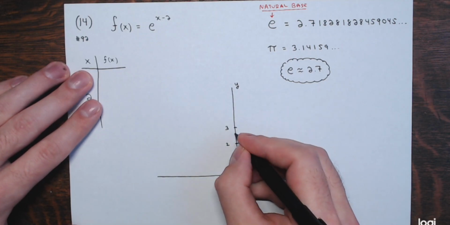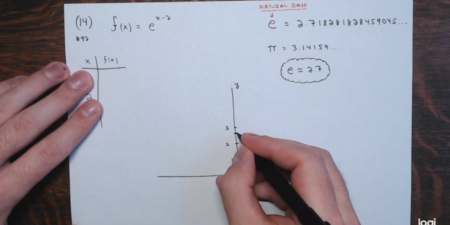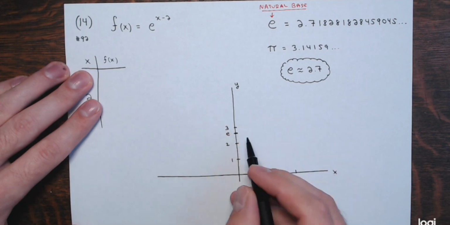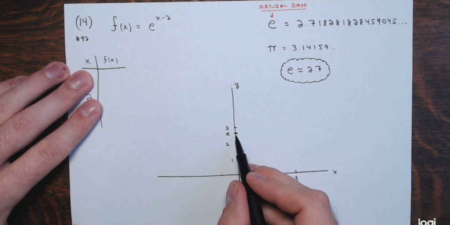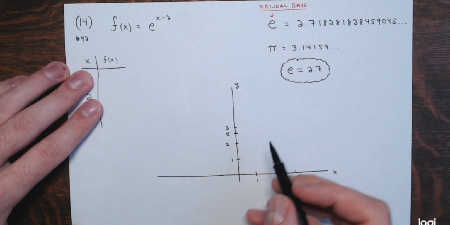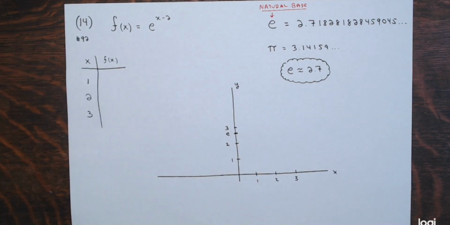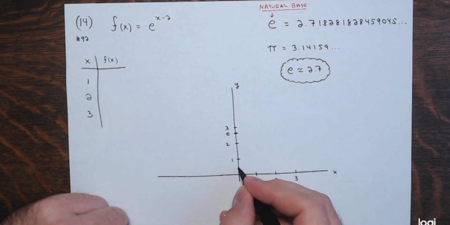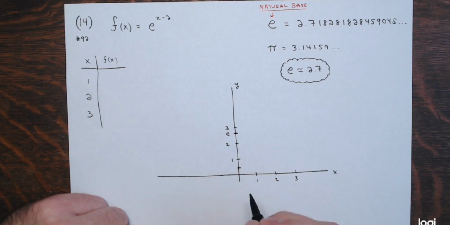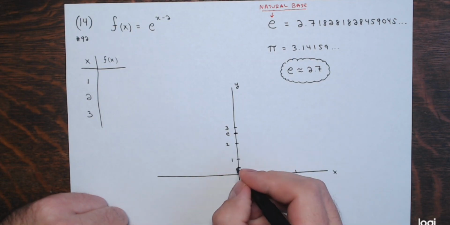e is about here. Again, it's approximately 2.7, somewhere between 2 and 3, closer to 3. And then 1 over e would be a little bigger than a third. So about here, less than a half, but a little bigger than a third. Between a half and a third.